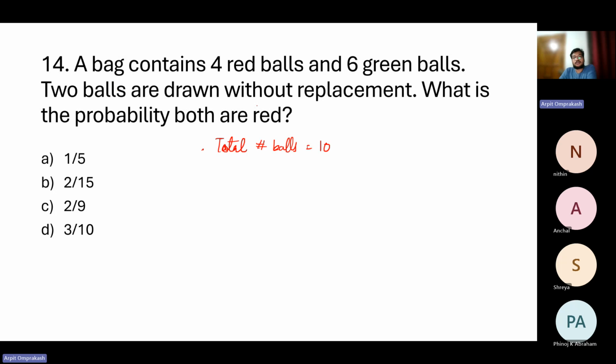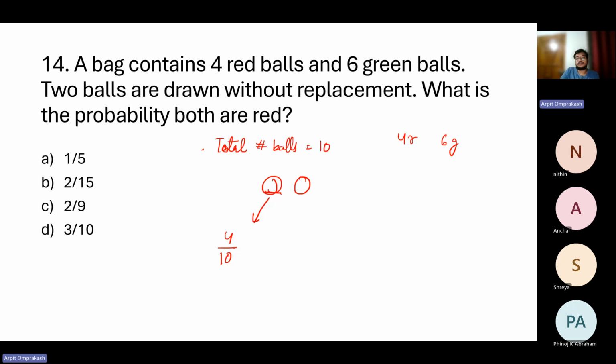Two balls are drawn without replacement, so we are not replacing them once we are picking them out. So what is the probability that both of them are red? We are picking out two balls. So when we are picking out the first ball, what is the probability that the first ball is red? It will be 4 divided by 10 because we have 4 red balls and 6 green, 4 red balls out of a total of 10.